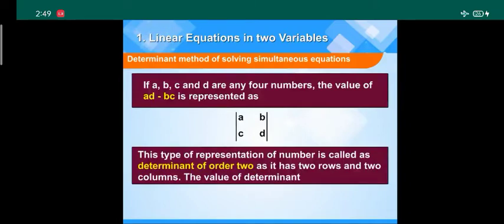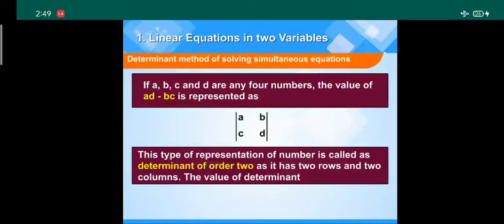This type of representation of numbers is called as a determinant of order 2, as it has 2 rows and 2 columns.